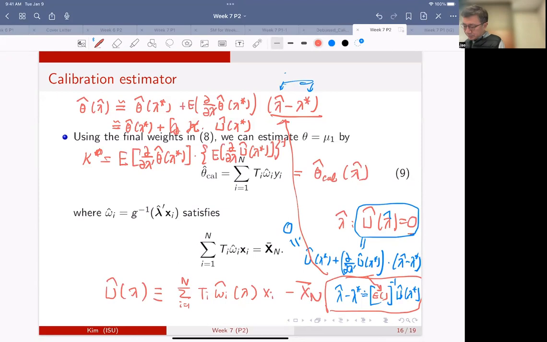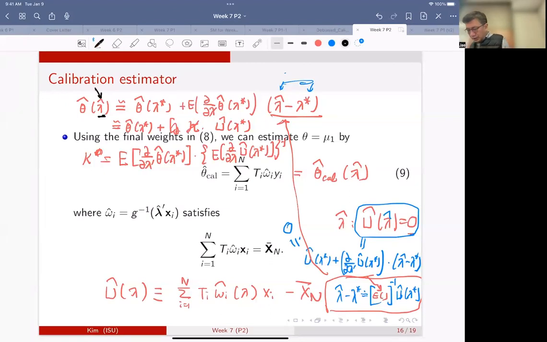That is the classical way of obtaining the Taylor expansion of this kind of estimator. You have an estimator, but it contains some nuisance parameter that creates difficulty in computing the asymptotic properties.